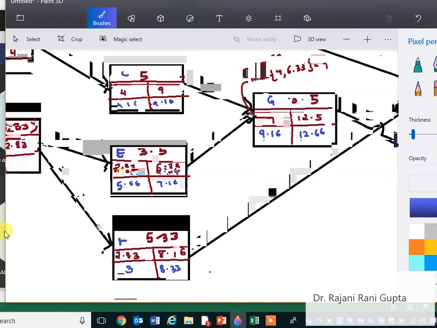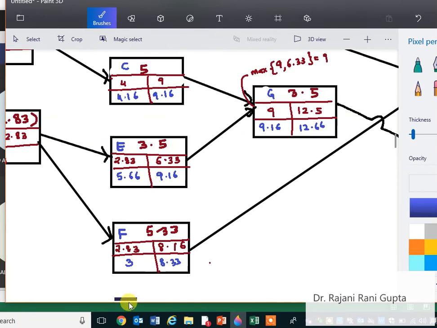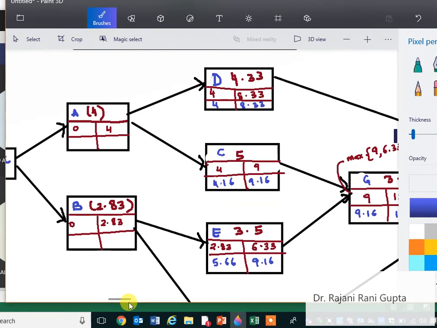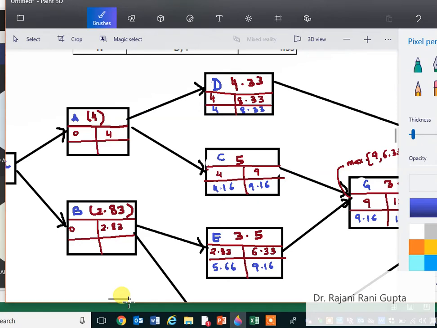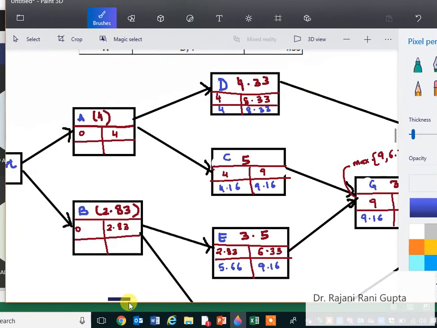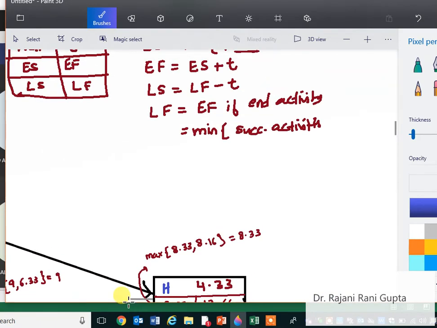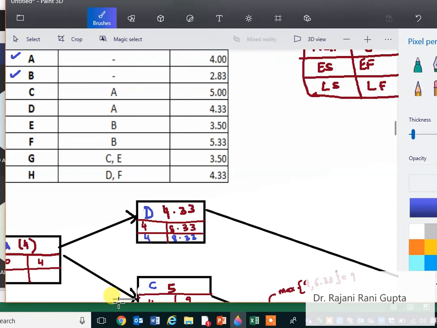Now we have to calculate for A and B. Now see, A and B are having two succeeding activities. So we need to select what will be the time. So for that we have to follow this one. It's the minimum of the succeeding activities.